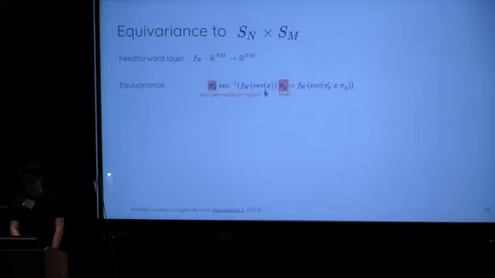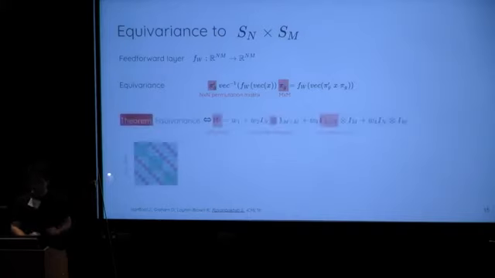These vec and unvec are basically converting the matrix to a vector and the other way around, so that we're feeding it to the standard feed-forward layer.